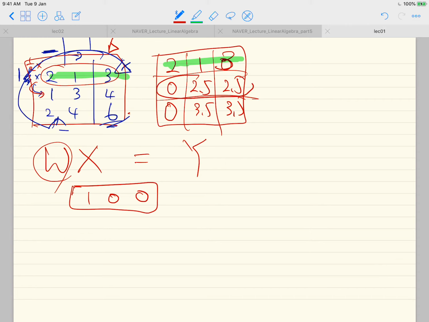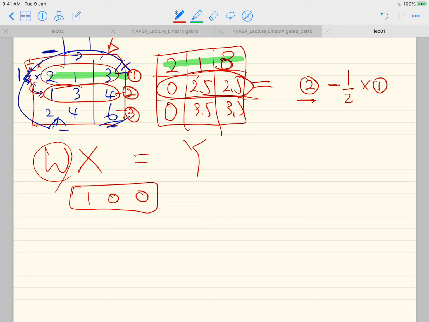But what about the second one? Okay, this second row is represented as, let's just construct the linear combination of the rows of the input matrix. The second one, so this guy is the first one and this guy is the second. Okay, so those are the names of the rows. So it is like the original second row minus the first row times what? 1/2, right?